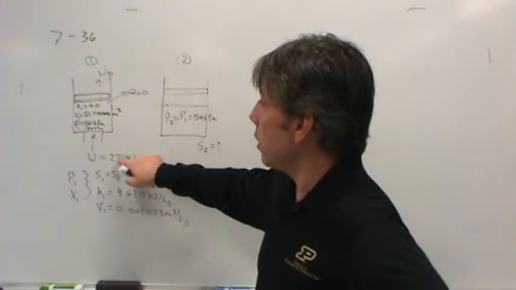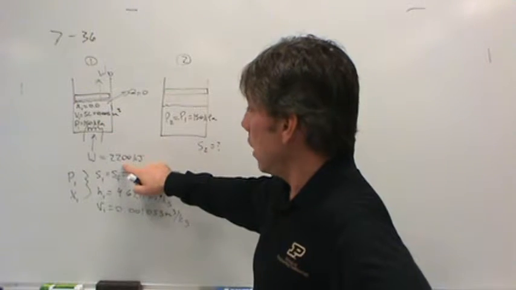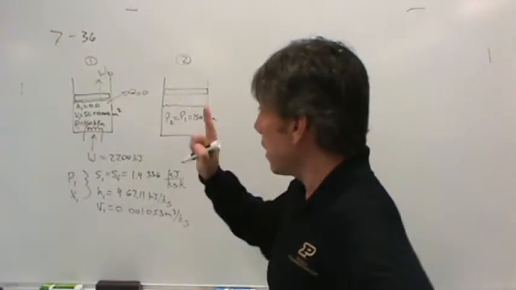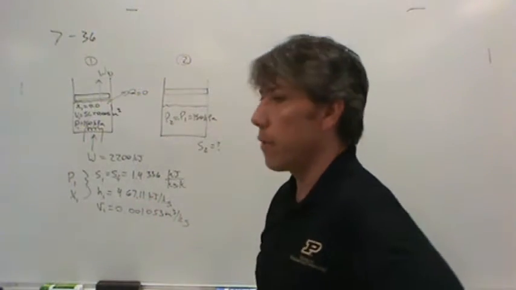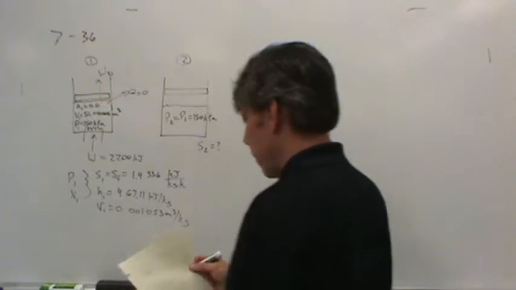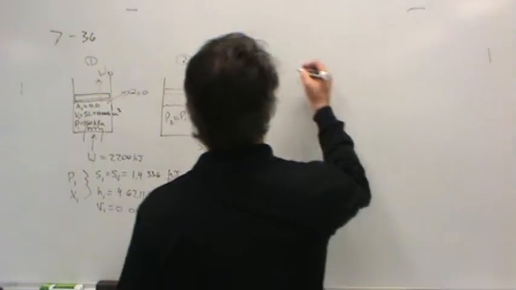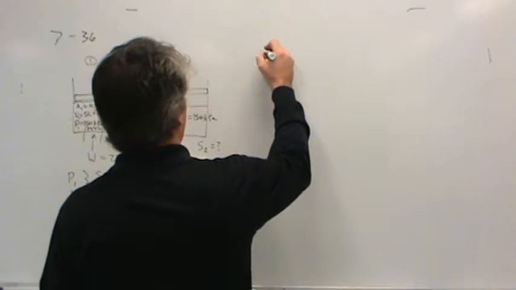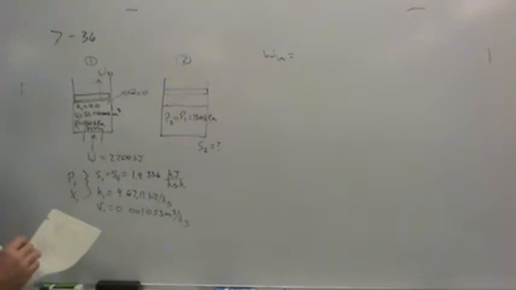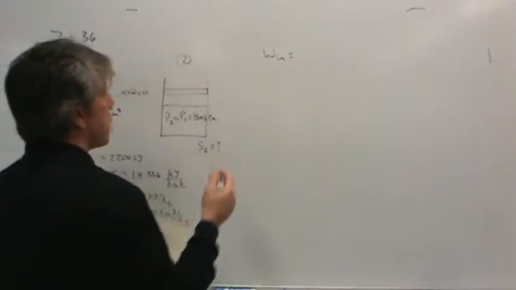Well, we know how much energy was put into the system. And we could ask the question, was this enough to boil off the water and to provide all the boundary work that would have had to take place? In other words, we need an energy balance here. So let's take care of that next. Now, the energy balance would say that the work that goes in, which is all of this 2200 kilojoules, changes the account balance.